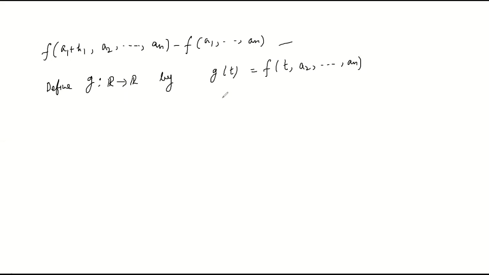So G is a differentiable real valued function on R. So this is equal to G of a1 plus h1 minus G of a1, and apply the mean value theorem on G to get the following: the difference between these two is h1 times the derivative. So let me put absolute value.